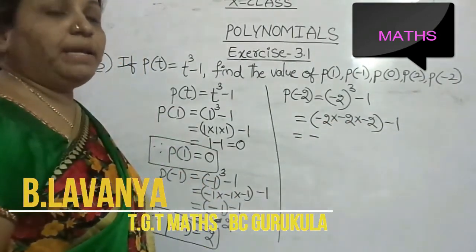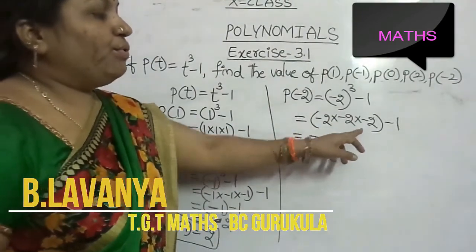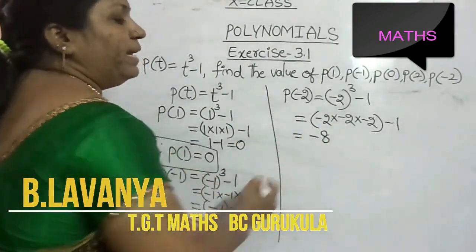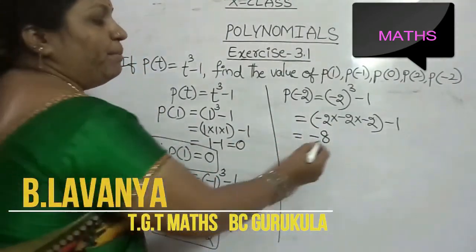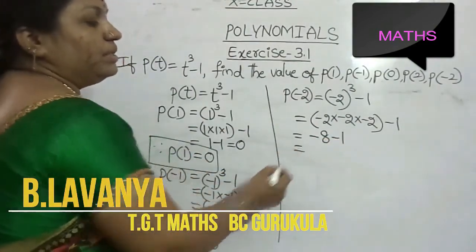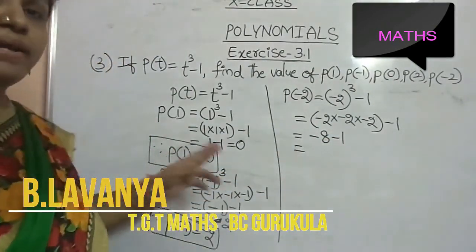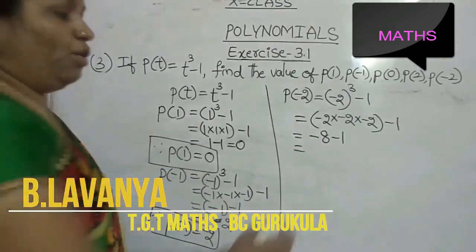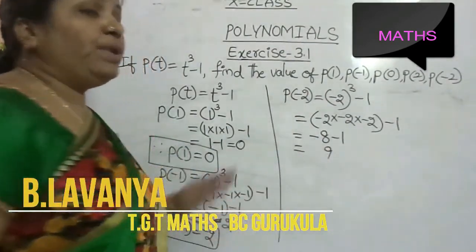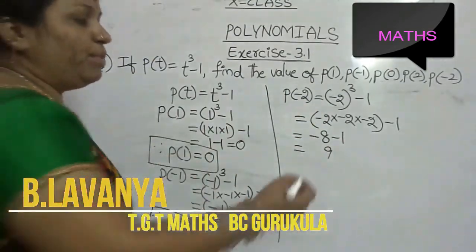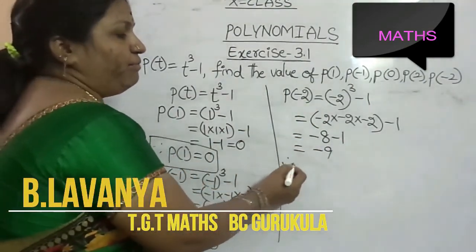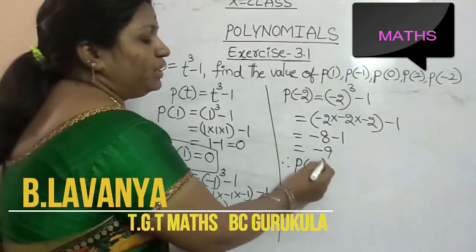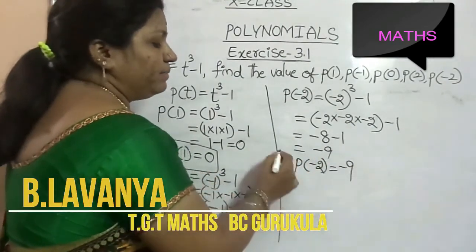Now multiply the numbers. 2 2s are 4, 4 2s are 8. Minus 8 we got as the answer. Minus 1 write down as it is. Here we have two minus symbols. Add the two numbers, 8 plus 1. How much? 9. Both numbers have the minus symbol, so put the minus symbol. Therefore p of minus 2 is equal to minus 9.